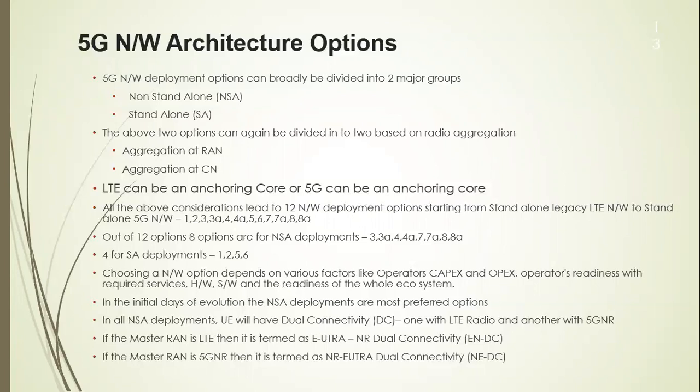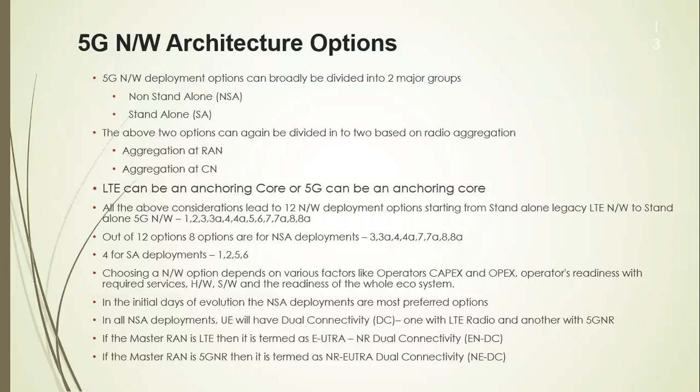4G core to E node B to the UE, and 5G data will go from the 4G core to G node B, which is 5G, and from G node B to the UE. That is one option, if the aggregation and separation is at the core network.